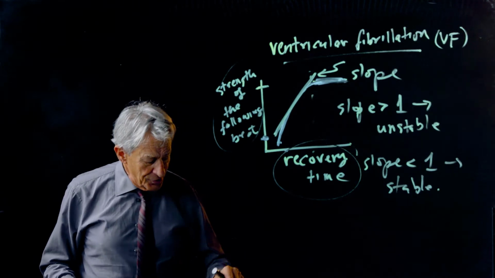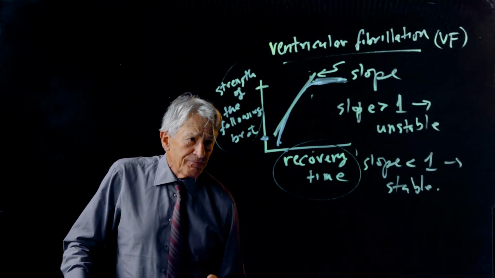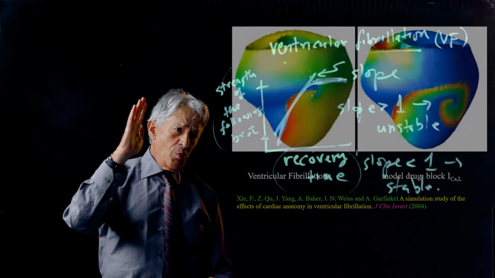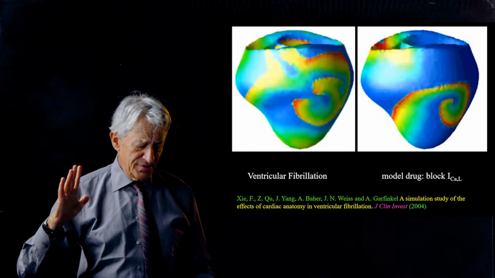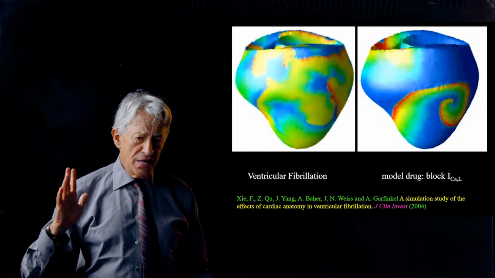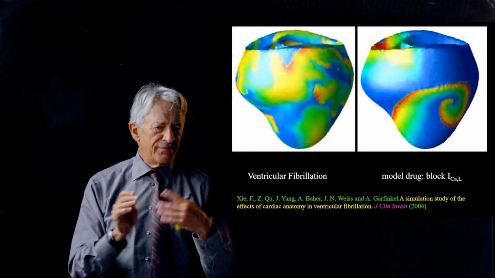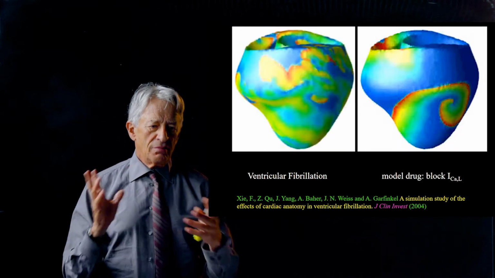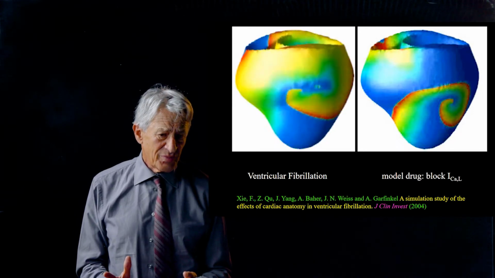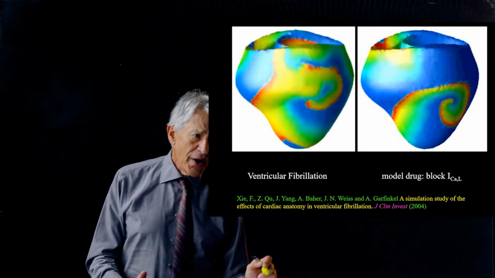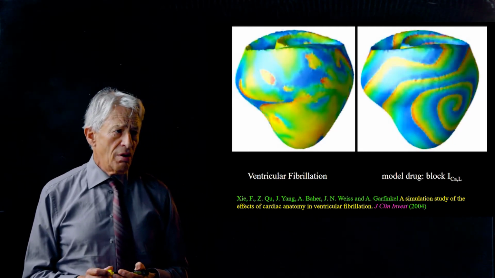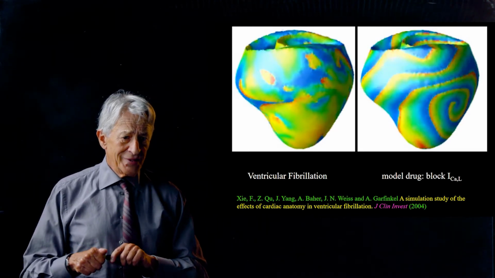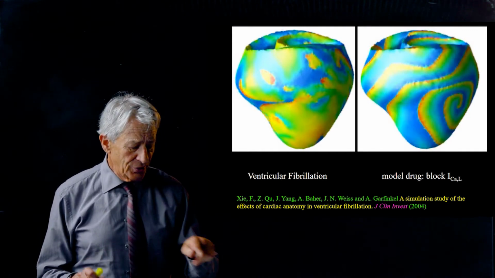And we got this result, which was sort of interesting, that when the slope was steep on the left, you see irregular wave propagation. You see chaos. On the right, where the slope is shallow, the tissue did not go into irregular beating.